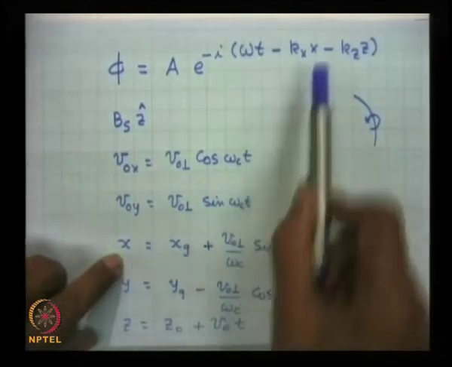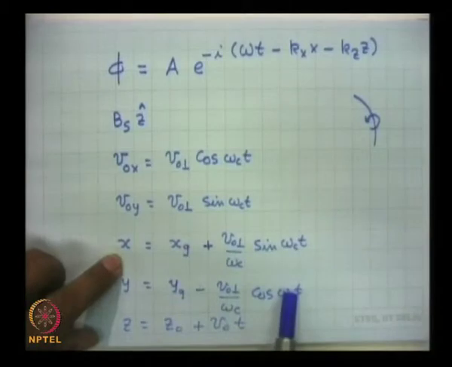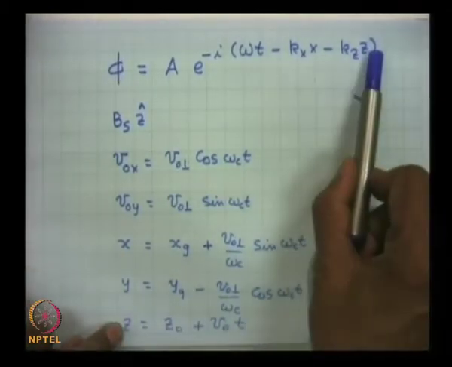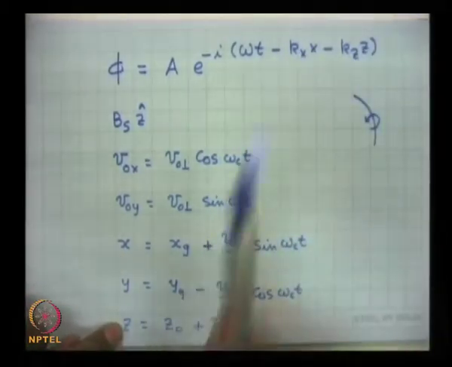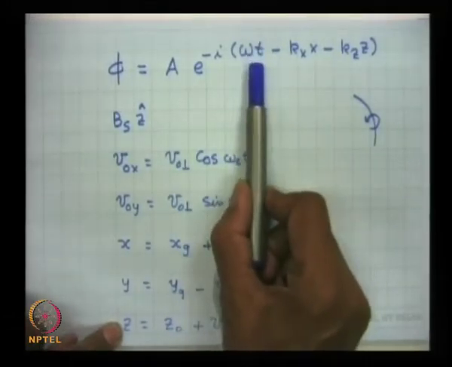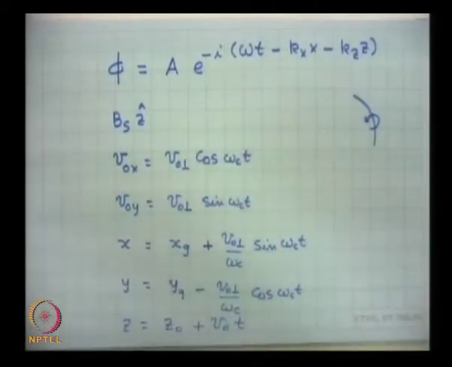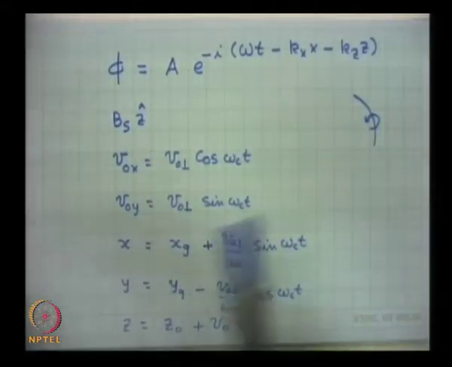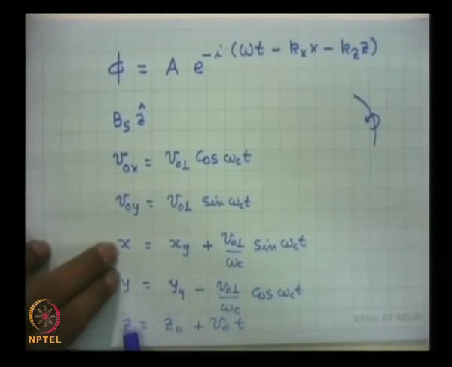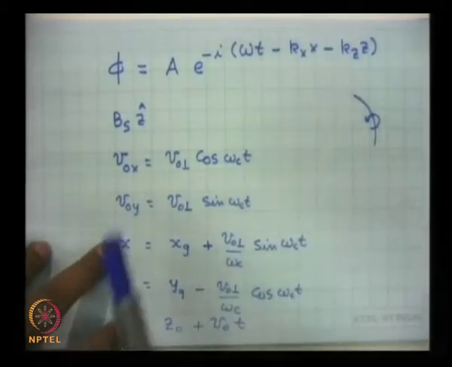Put this x in here, put this z here, there is no y here, so we do not have to use this, then you will find that there is a time dependence not only coming through frequency, through this omega t term, it comes through here as well as here. So, the effective frequency of the wave is no longer omega, it is modified because of the dependence of x and z on time.